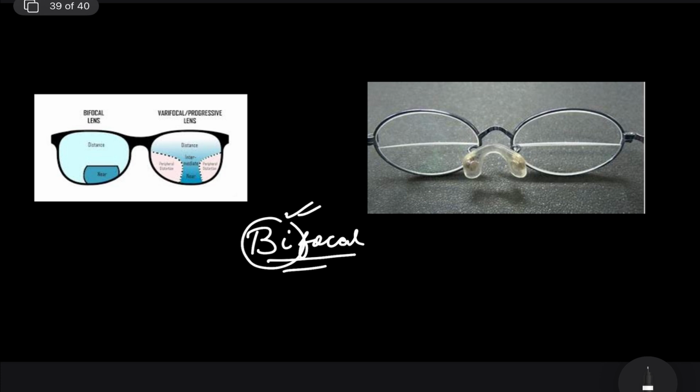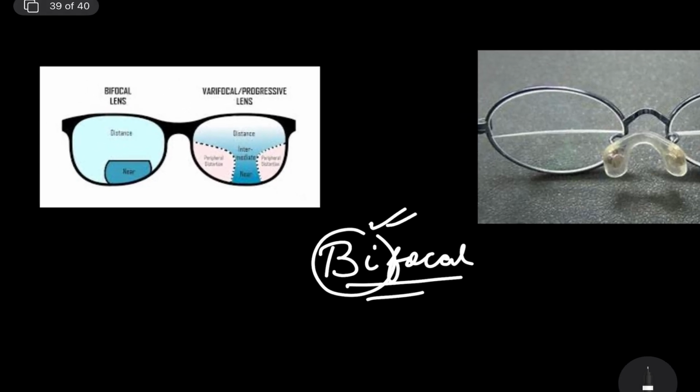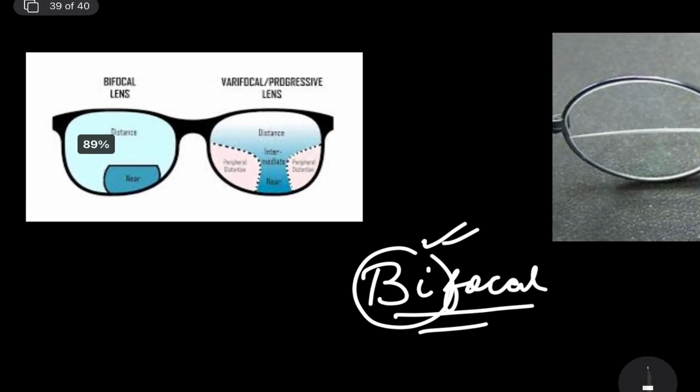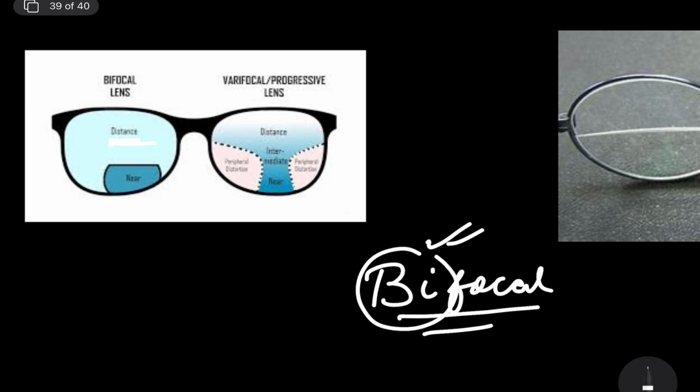Okay. For bifocal spectacles, as you can see over here, this is the distant and this is the near vision. So there are two zones within the spectacle glasses. One is meant for looking at objects situated far away, and one for objects which are located closer. That is exactly what a bifocal lens does.